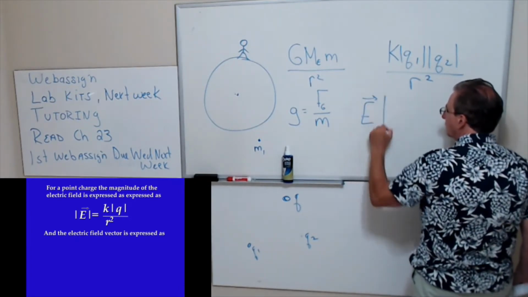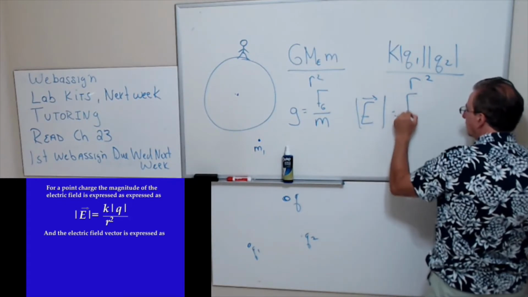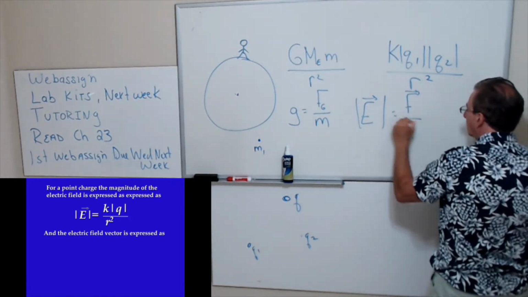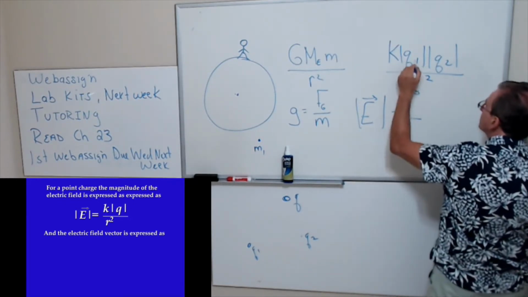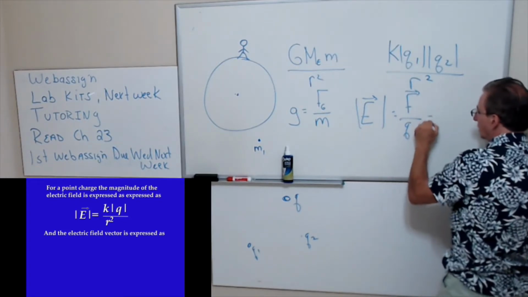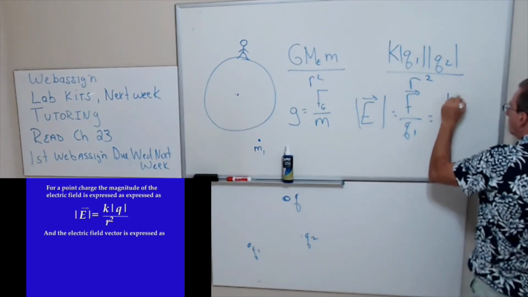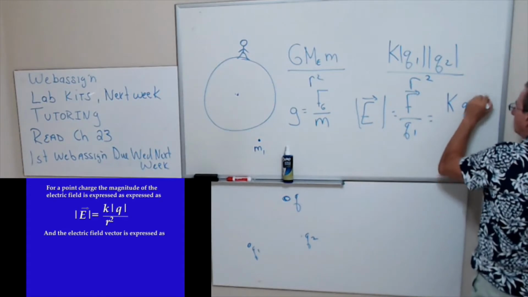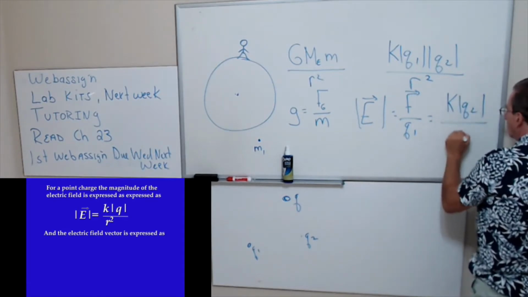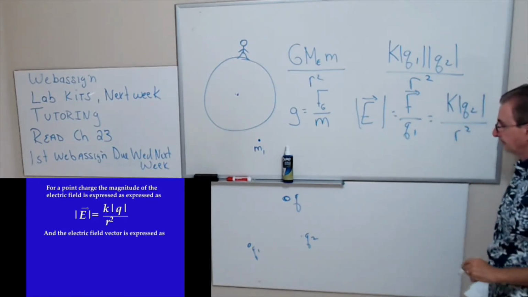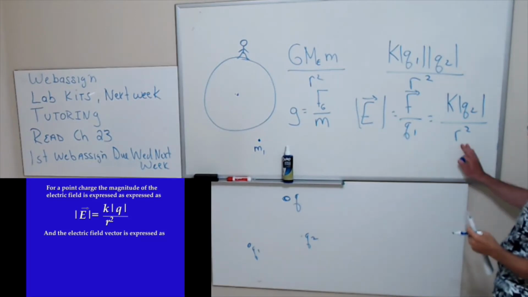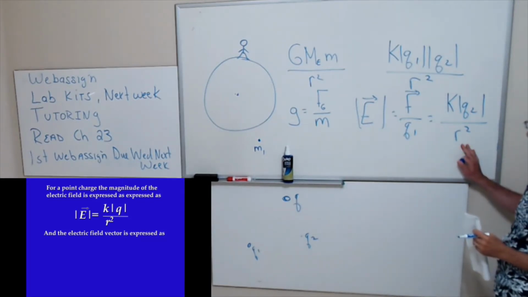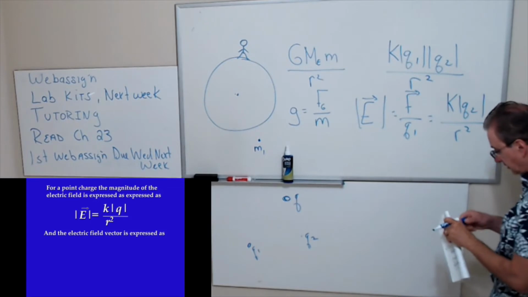So the magnitude of the electric field is F over Q. Let's make Q1 a test charge. It's going to be K Q2 over R squared. So this is the magnitude of the electric field for a point charge, which means the following.